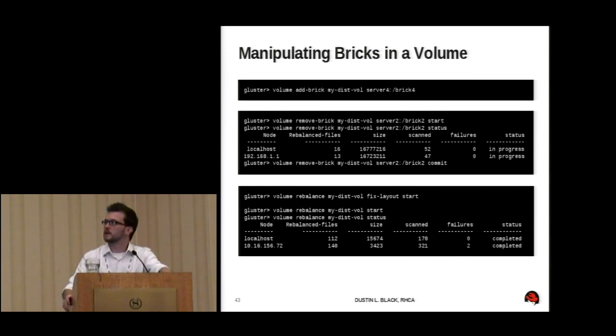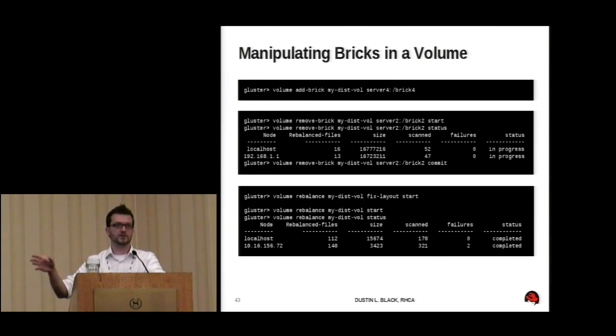I'll show you. The next set is showing removing a brick. So in this case, I do a volume remove brick, tell it the volume, and what brick I want to remove. Now, you'll notice at the end of this one, I have to say start, because when I'm removing a brick, I obviously inherently need to move data around to free up the space on that brick.